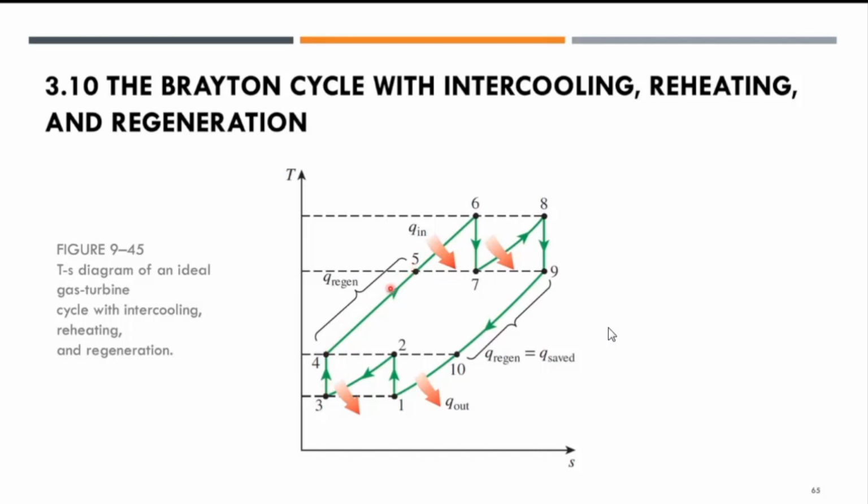The regenerator supplies more heat before it goes to the combustion chamber. 5, 6, 6, 7, we go into the first turbine, then 8, 9 we go to the second turbine, and 9 to 10, 10 to 1 goes back through the regenerator and returns to station 1. So it is more complex now.